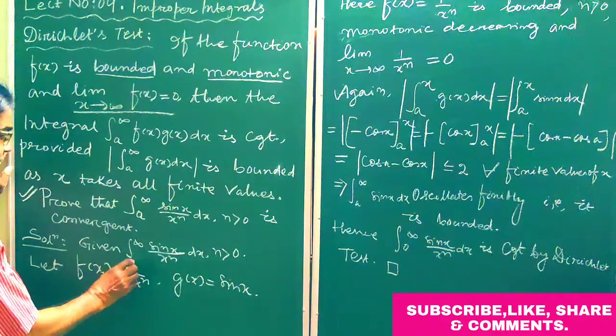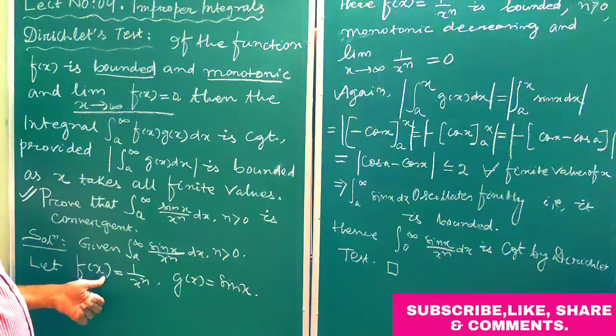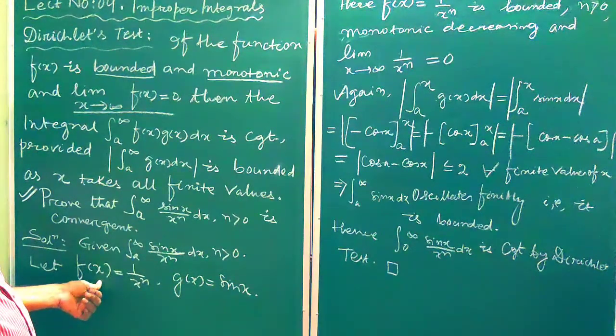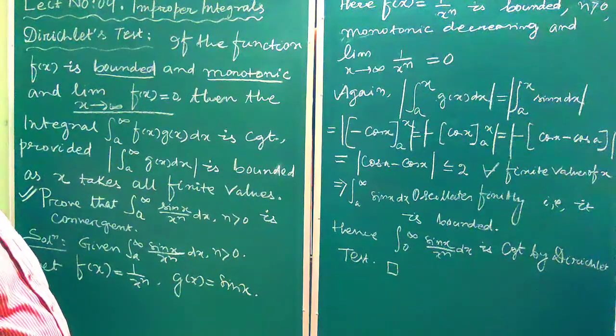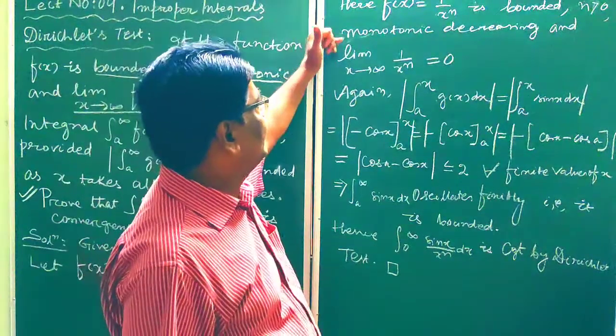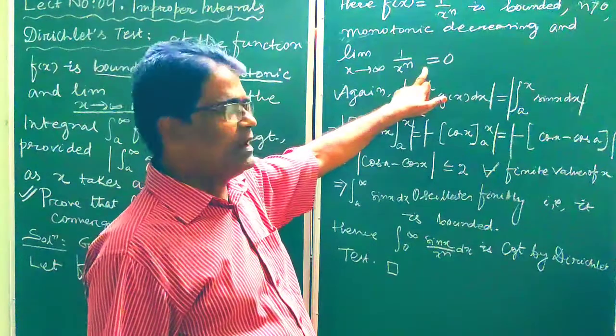So, given the integral from a to infinity of sin x by x to the power n dx, n greater than 0, we have taken f(x) equal to 1 by x to the power n and g(x) equal to sin x. Now, the function f(x) is bounded for n positive, monotonic decreasing, and the limit as x tends to infinity of 1 by x to the power n is equal to 0.